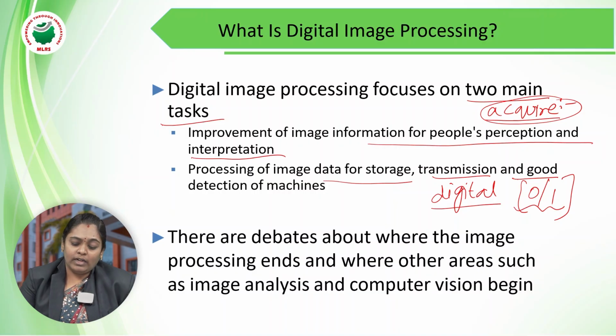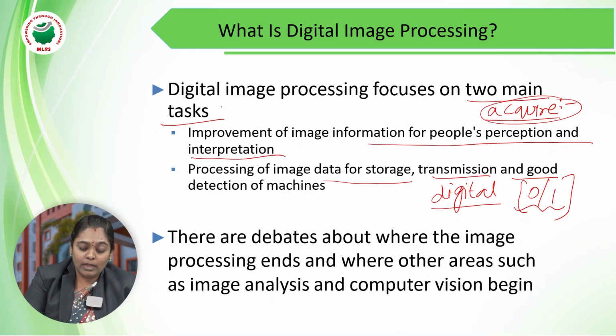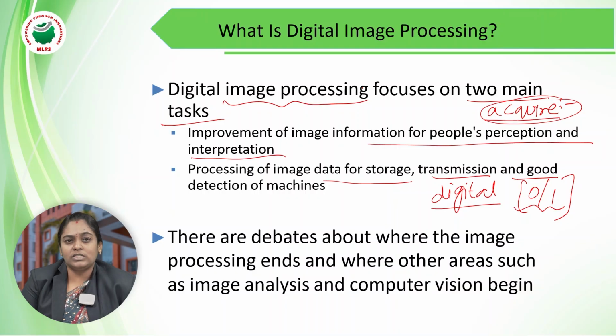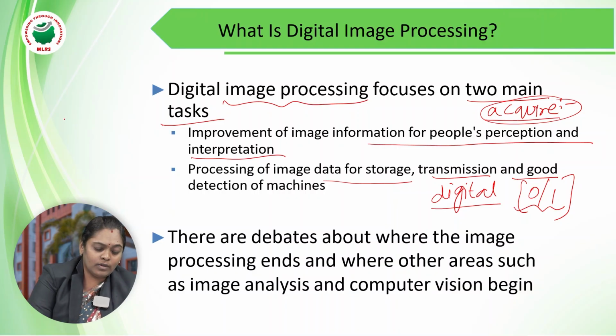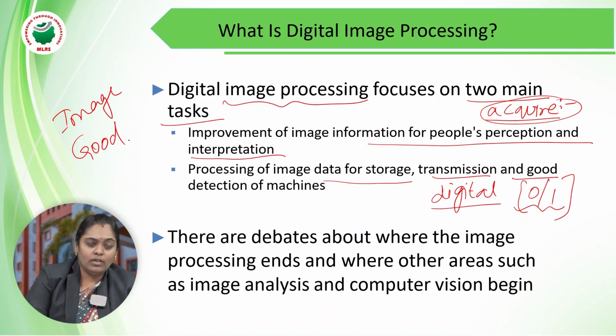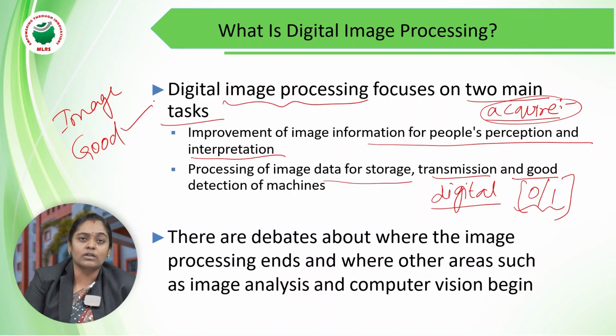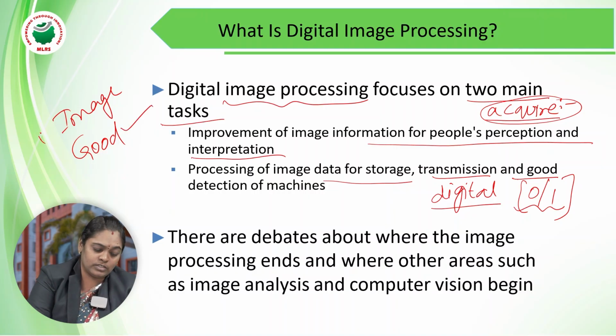Basically, whenever we consider image processing, the first thing is that the image should be good enough. If the acquired image is not good enough, we need to perform some image enhancement techniques so that I can improve the quality of the image. This is the first point.